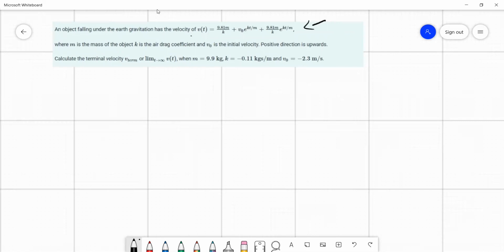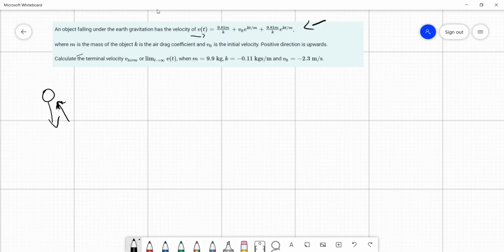All right, so it has given us this monstrous equation, and over here it's defining that m naturally is mass and k is the air drag. If you don't know what air drag is, when an object is falling down, the air resists it. The air works against it.